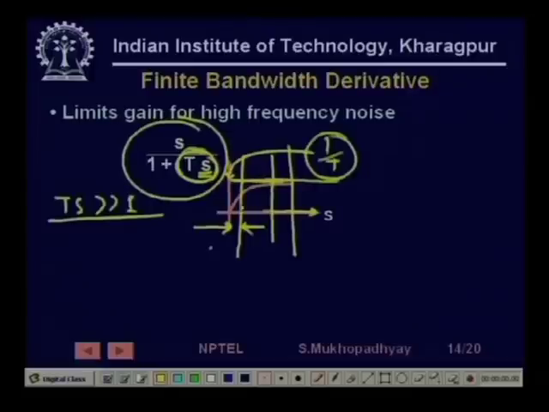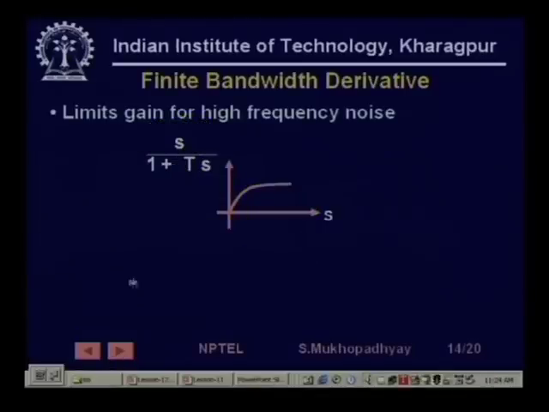So, you see that in the lower frequency region we are having a derivative, but in the higher frequency region we are having a constant gain of 1 by T. That is how you need to realize your derivative.